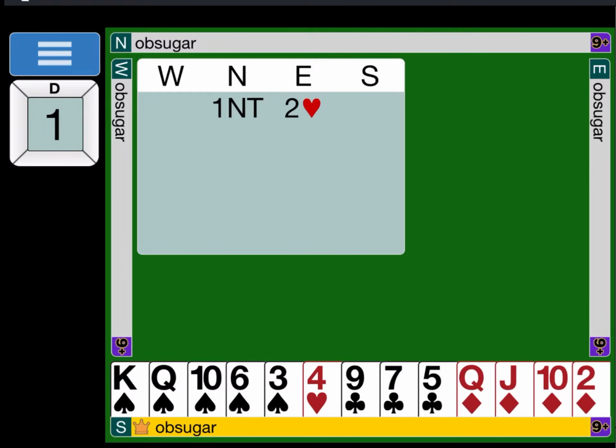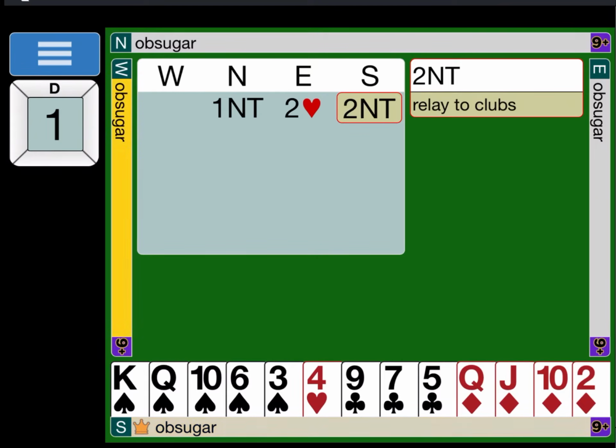What would be your plan here? Relay the clubs.